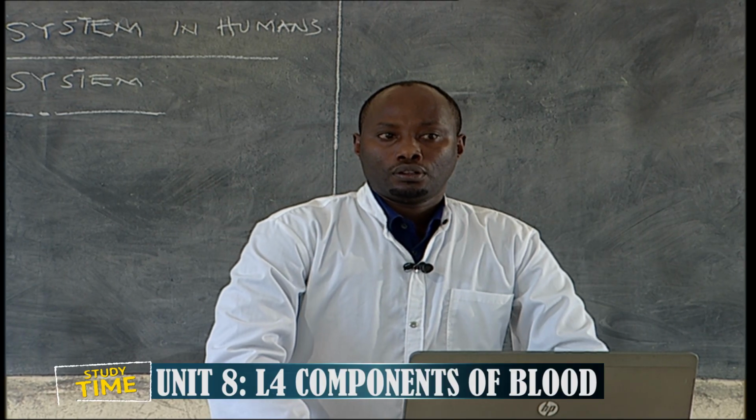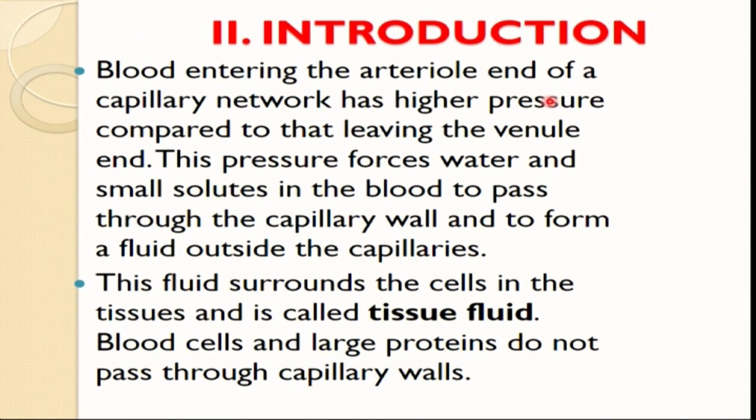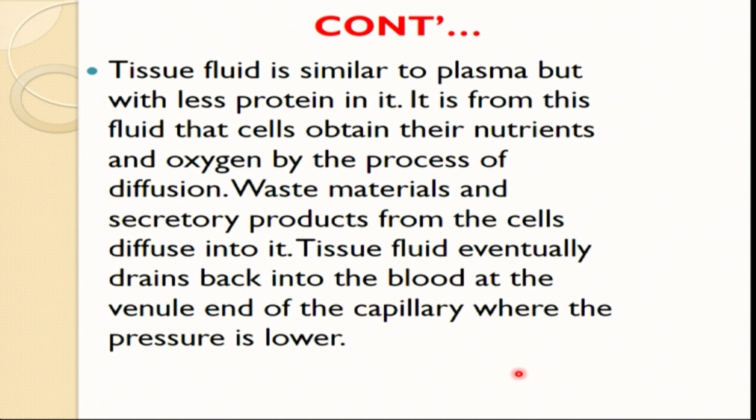The fluid that surrounds the cells in the tissue is called tissue fluid. As I mentioned, its functions are nourishment and bathing the cells. Blood cells and large proteins do not pass through the capillary wall, so they have to be retained there.